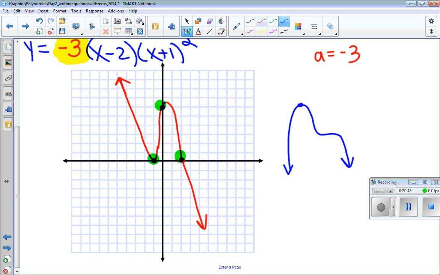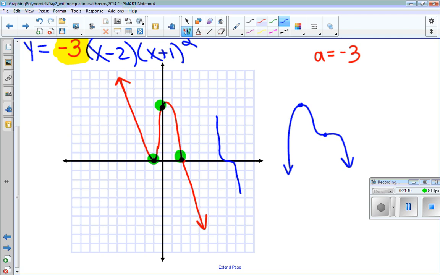Where this would be a maximum, and this would be a flattening out point. So that flattening out point is going to give us a root. It flattens out at that zero. So rather than kiss the axis, it would kind of flatten out at that point like this. Okay? So if it says multiplicity of 3, note that's what you're going to do at the zero.